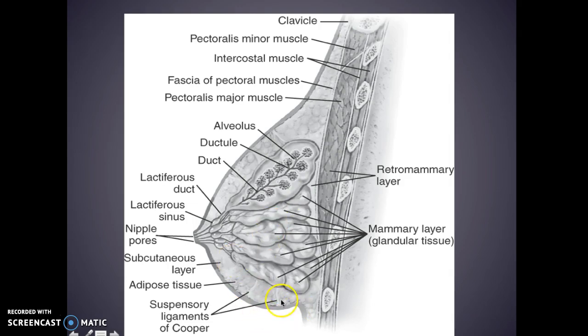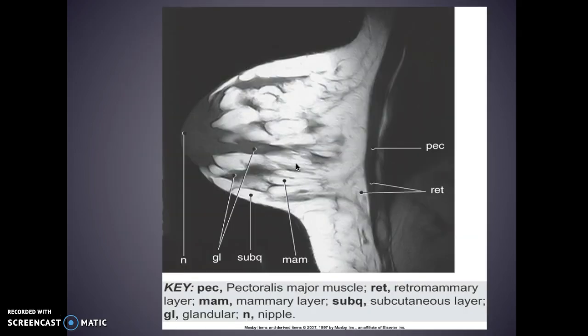You have your suspensory ligaments of Cooper and adipose tissue. Subcutaneous layer has your adipose tissue in it. So the glands come down to the lactiferous duct, to the sinus, out to the nipple. So within the duct you have ductules and little glands in there called alveoli.